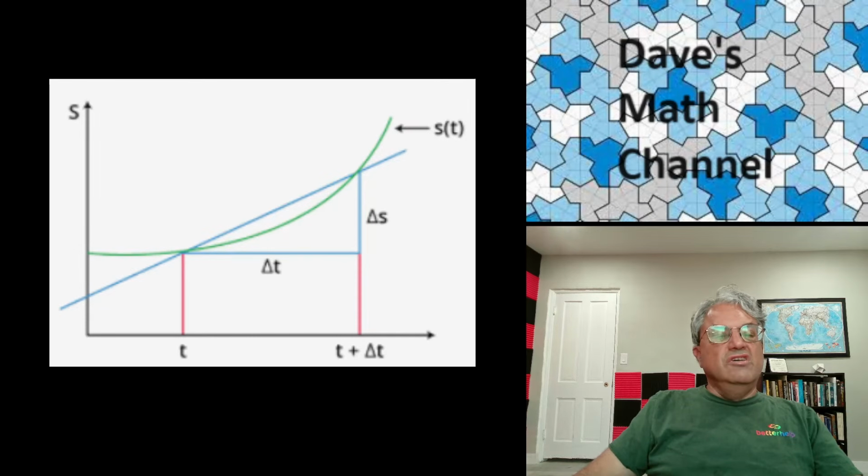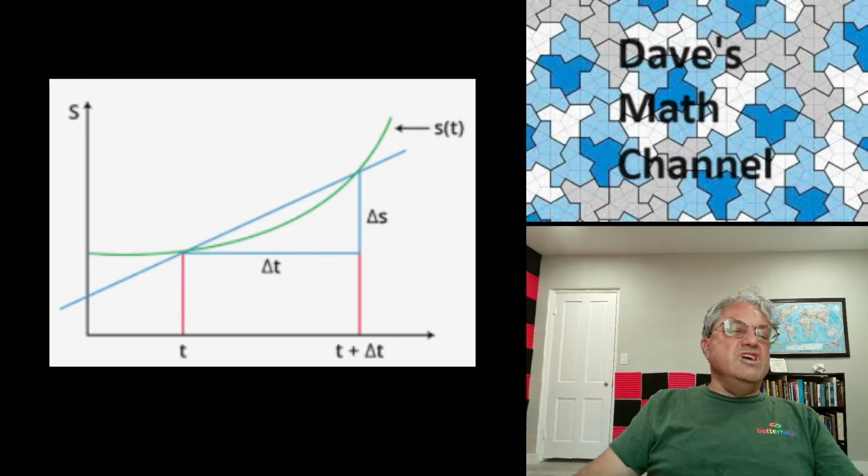Let's make them hours. So say after 0 hours, you've traveled 40 miles along a highway, and then after another hour, you've traveled 100 miles. So obviously your average speed is 100 minus 40. That's your delta s. That's 60, and your delta t is 1 hour.